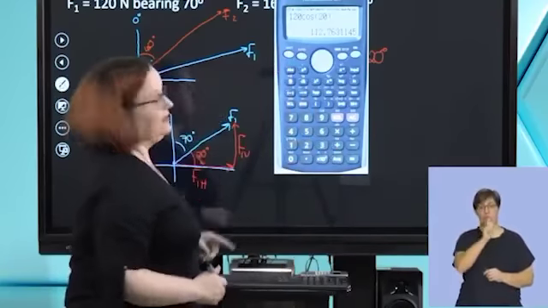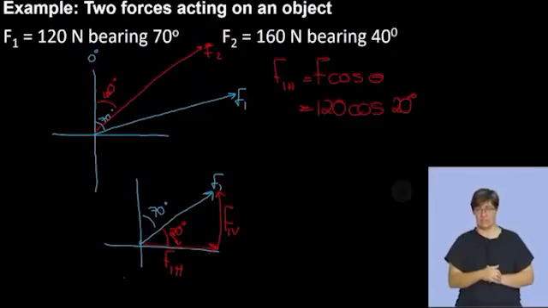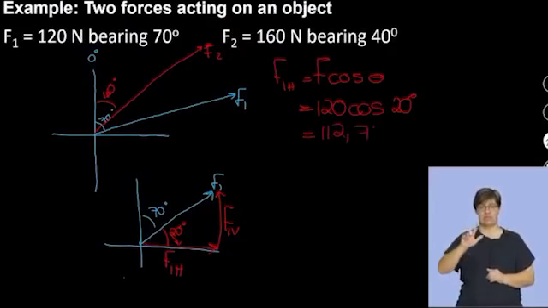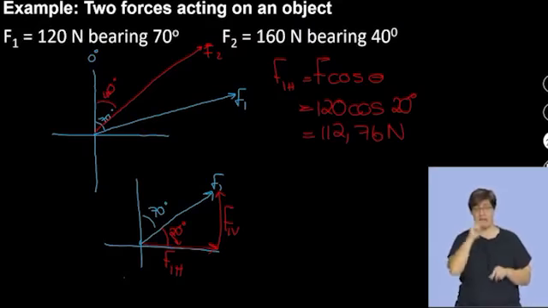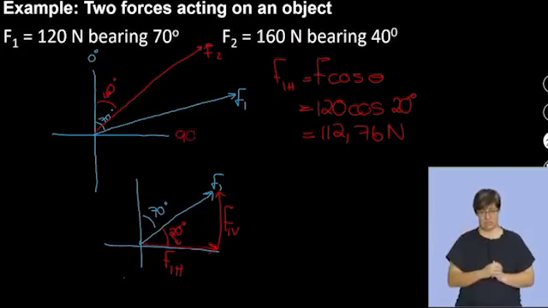So it's 112,76, okay? So now I'm going to put it here. 112,76 newtons. It's a vector, which means I need direction. If I look at this, this was bearing, okay? I need to say bearing 90 degrees, because the 90 is here. Okay, so here, bearing 90.